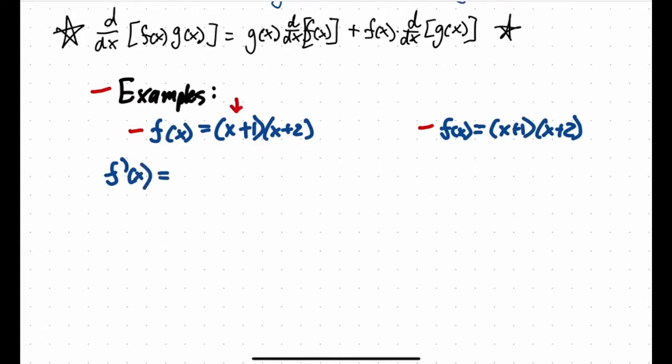We're going to make this f at x and this g at x. So the second term, x plus 2, times the derivative of the first, and let's think about it.